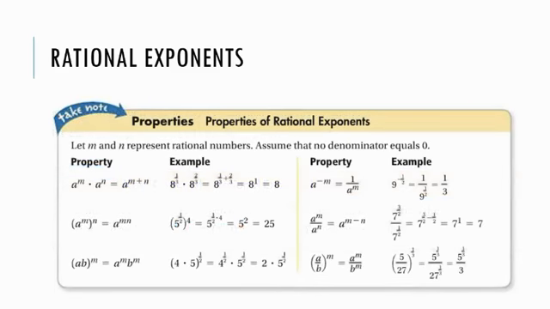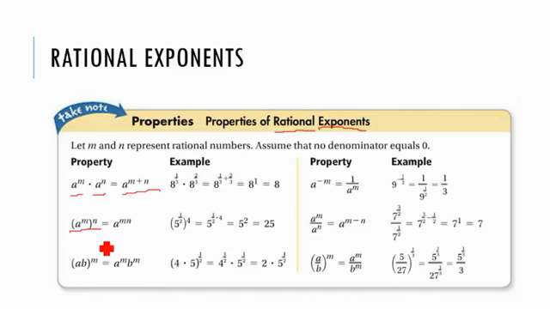And that's essentially what the key concept of rational exponents is. Now, the reason we might use rational exponents instead of radicals is because there are a lot of properties of exponents that we can extend to rational exponents. They have the same properties. For example, a to the m times a to the n equals a to the m plus n.